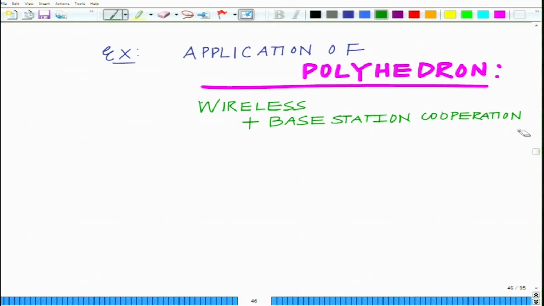Okay. And what happens in this scenario is you have several base stations.